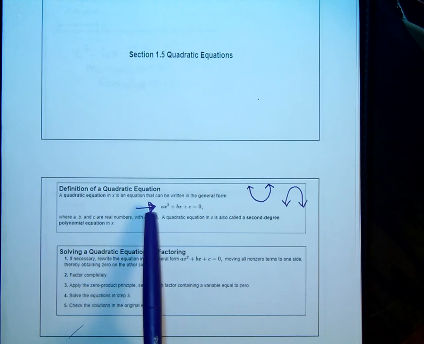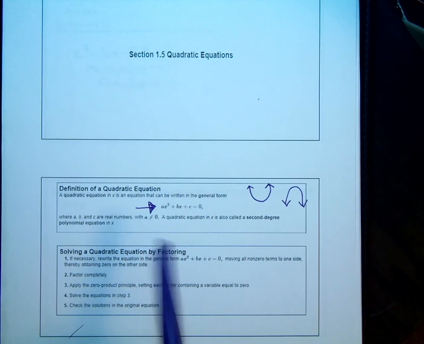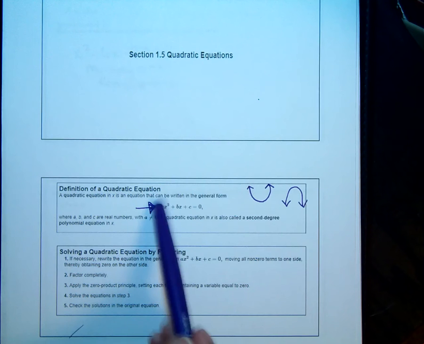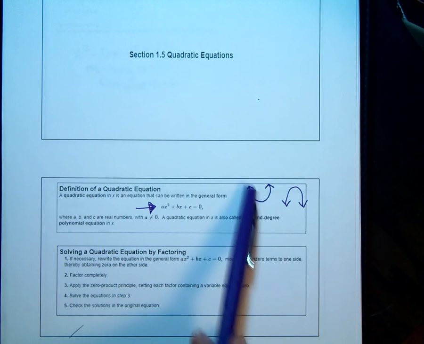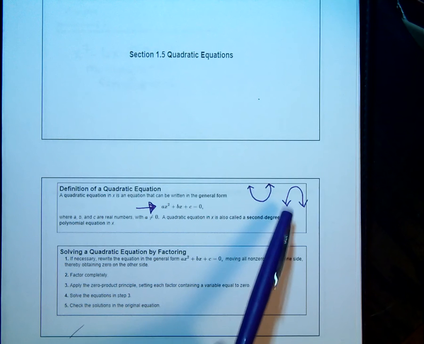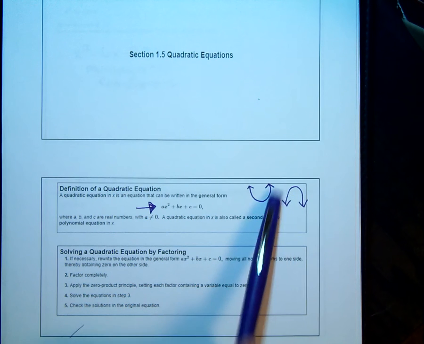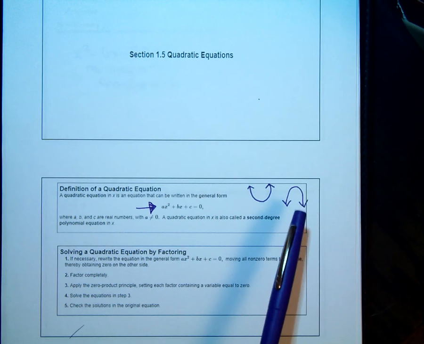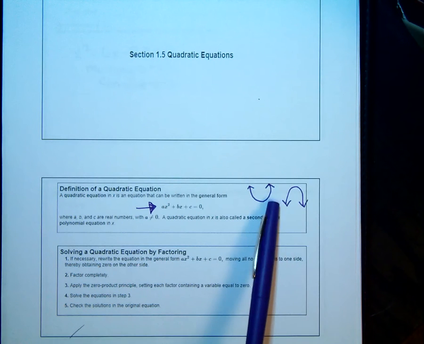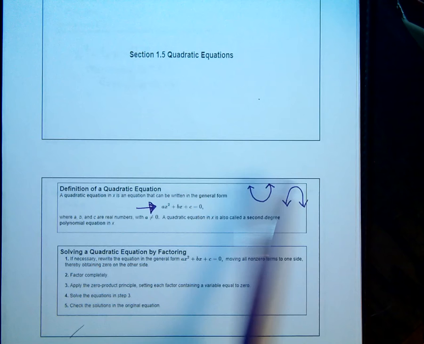Now, as you'll learn with quadratics, if a is positive, it'll open up and you'll have a minimum. If a ends up being negative, it'll open down and have a maximum. These are called parabolas. Hopefully that sounds familiar. Quadratic equations graph parabolas.